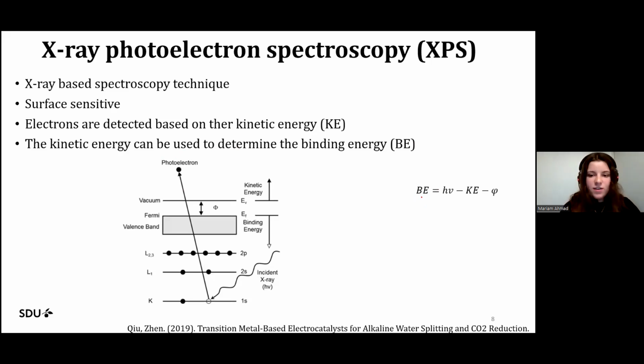So the binding energy of a photoelectron can be calculated using the incoming photon energy of the X-rays, the kinetic energy of the photoelectron, and the work function of the spectrometer, which is an instrumental constant. The binding energy can provide information about which element the photoelectron came from, which energy level in that element it came from, and the chemical environment that it was in.